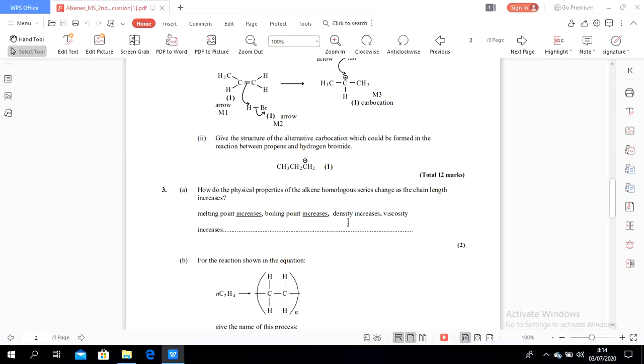So viscosity will increase. Viscosity will increase means it becomes more viscous, difficult, not easy to flow like water. A real life example is lubricating oil, or the alkene in cooking oil.